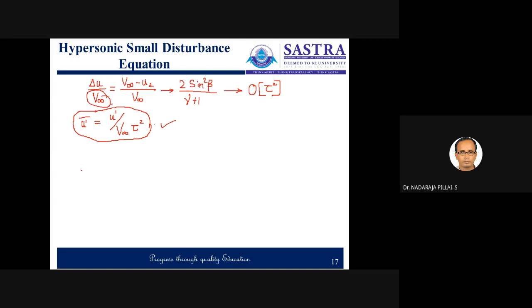Now let us calculate for v dash. We know v2 by v infinity. So v2 by v infinity is sine 2 beta by gamma plus 1. So let us calculate del V by V infinity. That is equal to, again, V2 by V infinity.